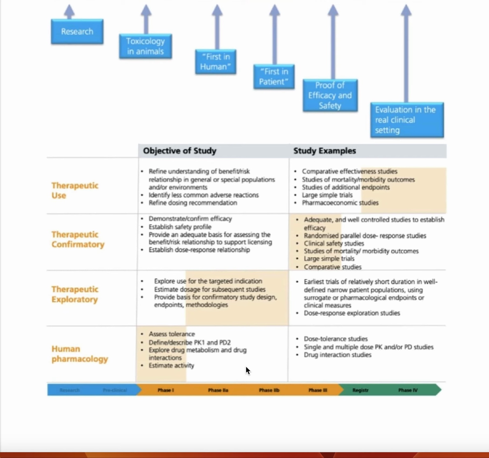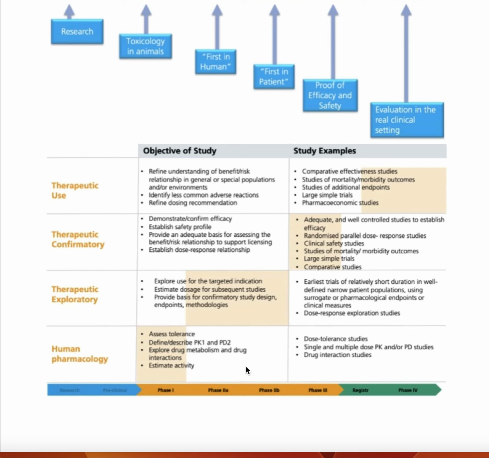And we said that surrogate is just predicting what is happening in the real patients, like making a comparison between the cancers and the tumor size and how it's reduced, and that means more survival. It's not sure, but it's the surrogate endpoints, and the pharmacological endpoints for clinical measures. And we also do the dose response exploration studies.